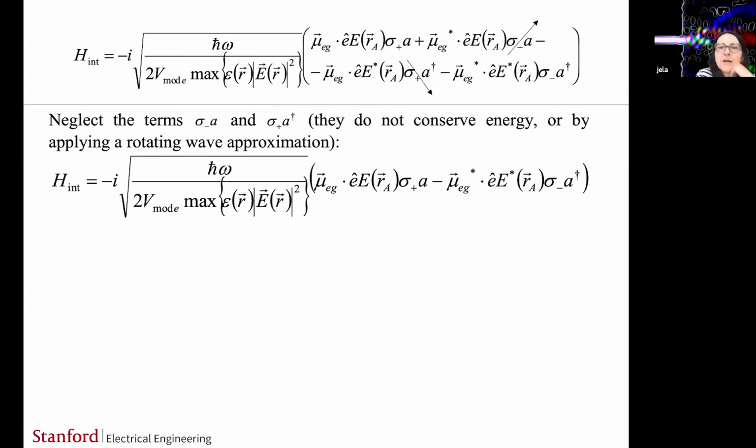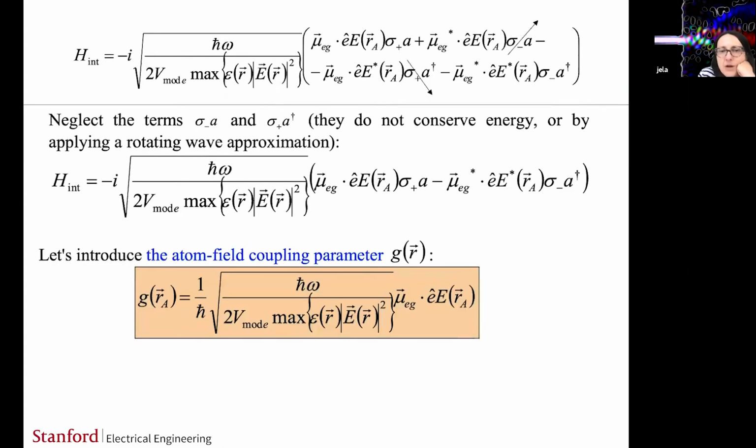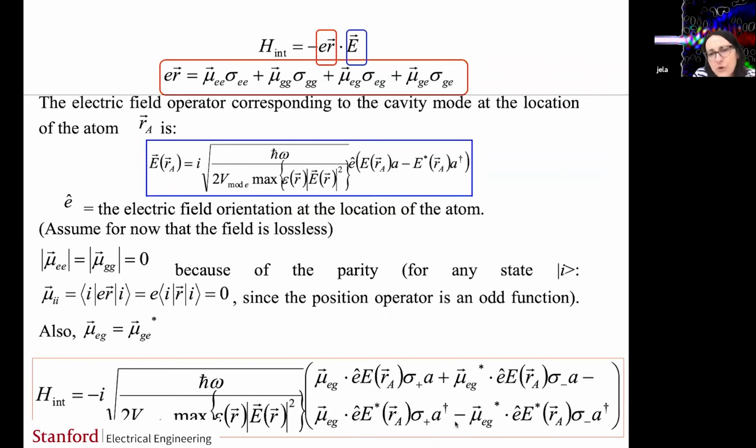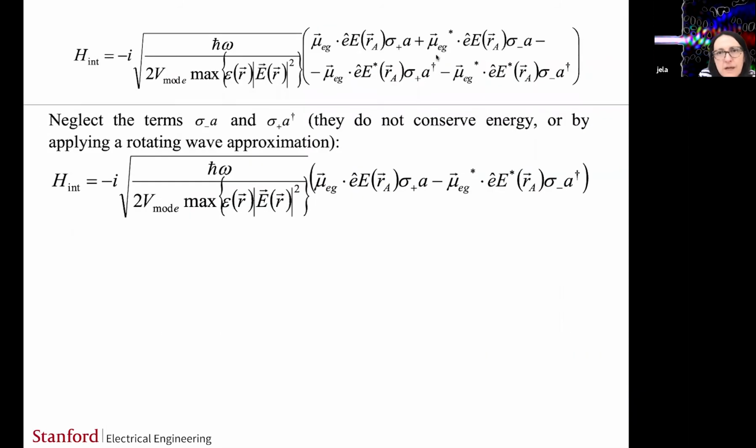Yeah. Okay. So, here, right, these two terms are physical. These two we can cancel because they are not physical, right? And that's what we're doing here. We canceled these two terms because they're not physical. Or you cancel them by rotating wave approximation, which basically just leaves you with two terms.